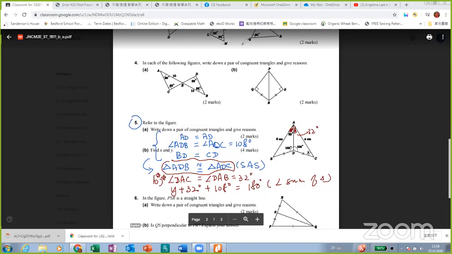If you don't write it down, then it is very funny, because if you just look at these two diagrams, 32 degrees here, 108 degrees here, y is here, they are not in the same triangle. Therefore, this step is very important. Angle DAC equals angle DAB. You must tell people about this one.